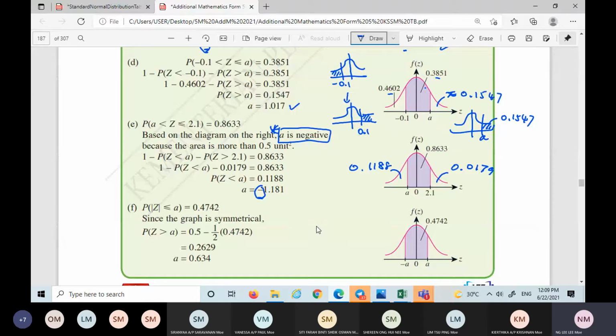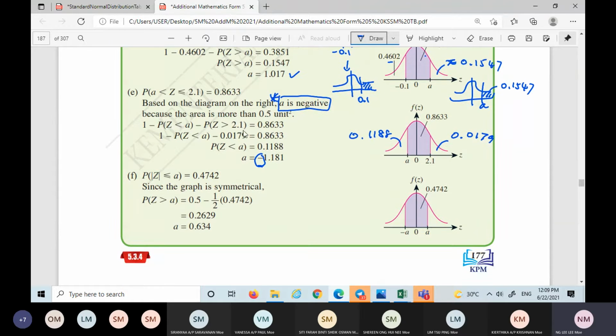Now we come to the last one already. Z with the modulus smaller than A. This one you have learned, is Z with the modulus smaller than a value. So it means it's in between negative A and A. So this is A and this is negative A. This is the same, just the sign different.